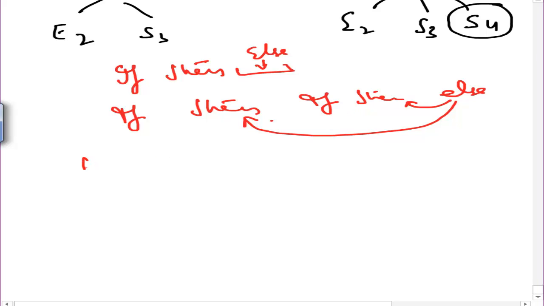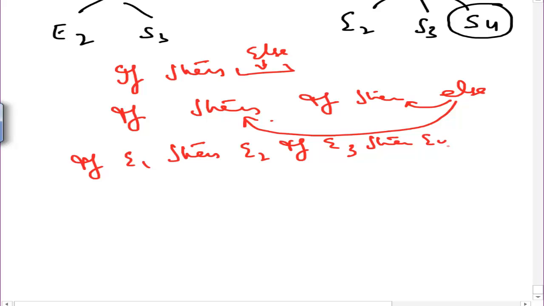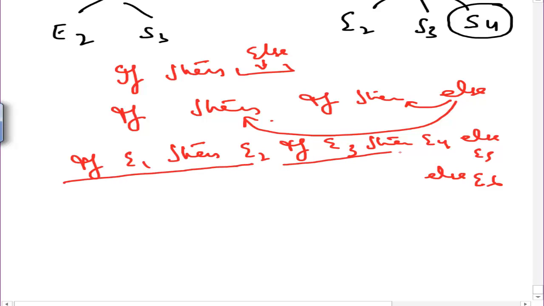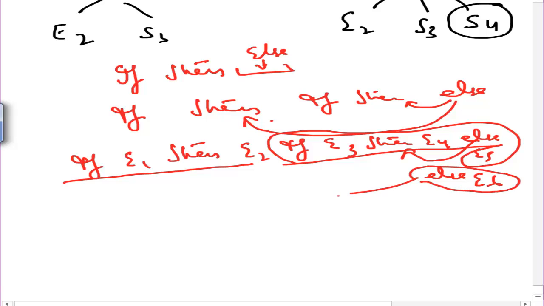If we had it like this: if E1 then do E2, then if E3 then do E4, else do E5, and then again else do E6. Here the if-then is up to this point, and this one has if, then and else. So we have an else attached to this then, and then again an else, so there is no problem. This else will belong to this then, as simple as that, because internally the if-then-else is matching.